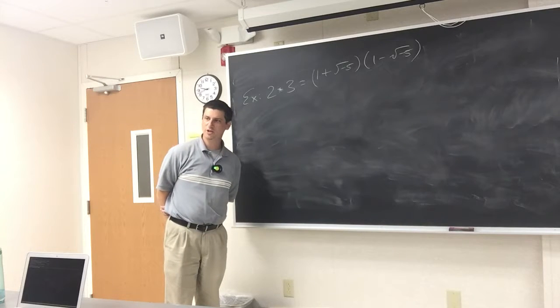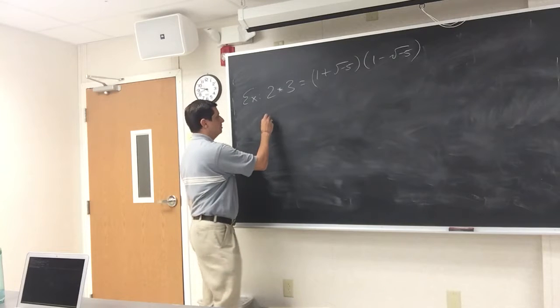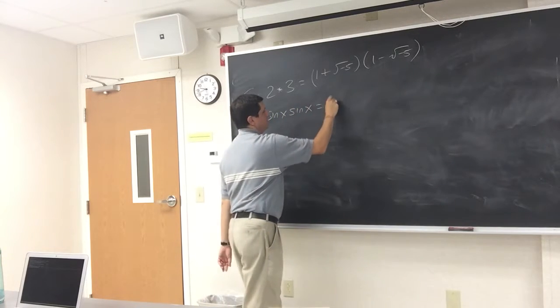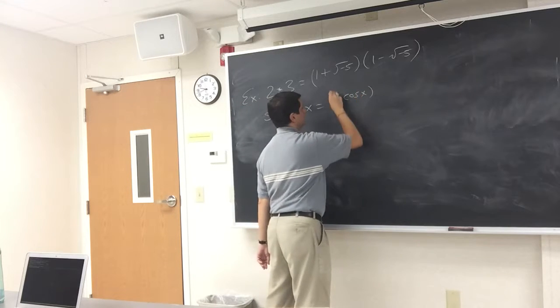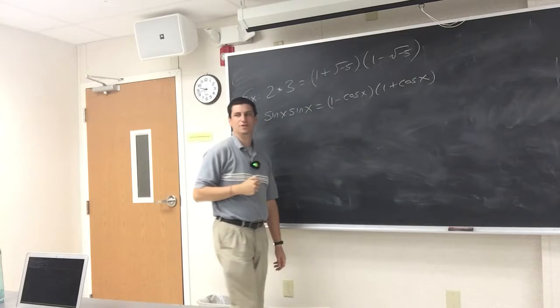How many of you have taken algebraic number theory or seen this in an abstract algebra class? This is a situation where unique factorization fails. Another example is sine of x times sine of x is (1 minus cosine x)(1 plus cosine x). You can almost look at a function equivalent.